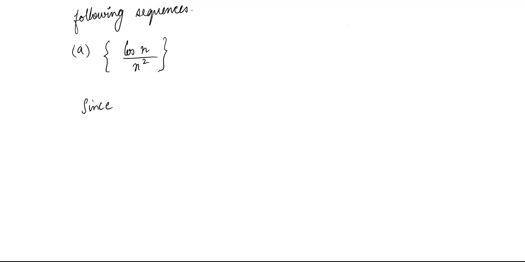Now cosine of an angle can take values only between -1 and 1, right? So cosine n should be a value between -1 and 1 for all integers n, because n is an integer in the sequence.